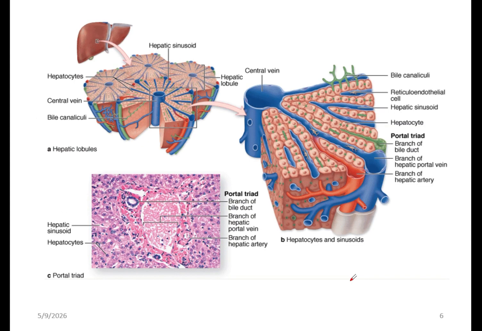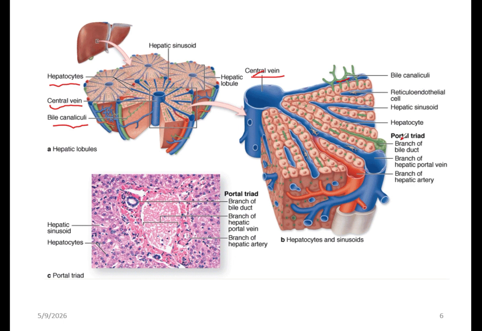Here you can see the hepatocytes, and this part is known as the central vein, and the green network-like structure is known as bile canaliculi.